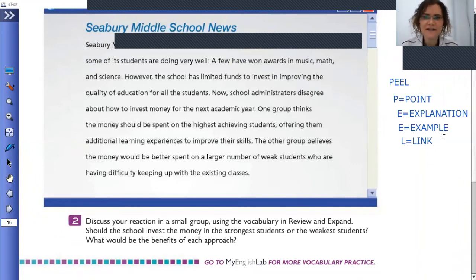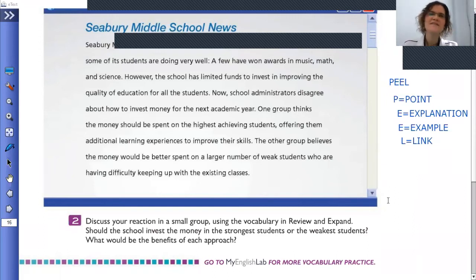And then the linking. The linking is where you wrap up your statement or opinion by linking it back to the beginning point that you made. So make sure that in your expression of opinion, you always have PEEL going on. State what you mean, explain why you have that opinion, give an example or some evidence, and then link it back.